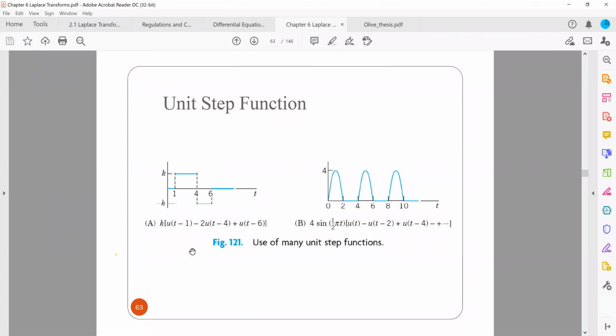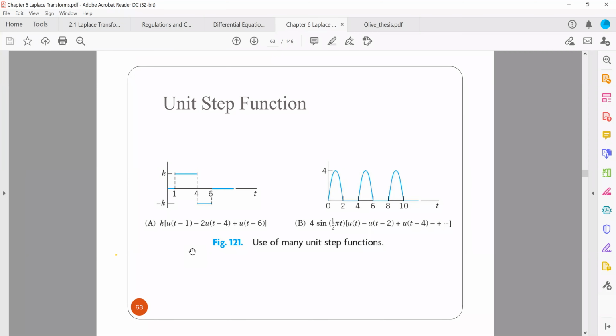If I want a step function of this type, for instance, this person wanted a bit of a square wave from 1 to 4, on the top side, positive. Then from 4 to 6, they wanted a negative step. So it depends on what you want to do.